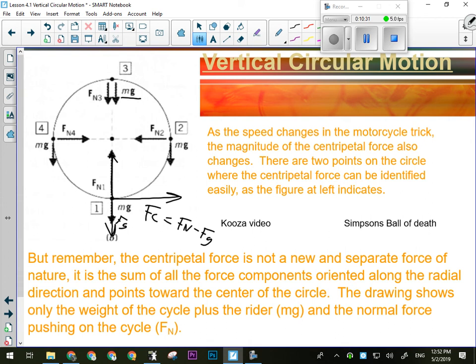If I'm going faster than I need to, then I do push on the track from my inertia, and the track pushes back, and I would have two forces acting in, normal force and gravity. Okay, so then this formula is still forces in minus forces out. It's just now, it's Fn plus Fg minus nothing. There are no forces out when I'm at the top of the loop. Okay? There's nothing that's acting directly out of the circle there. Everybody okay with that? All right.